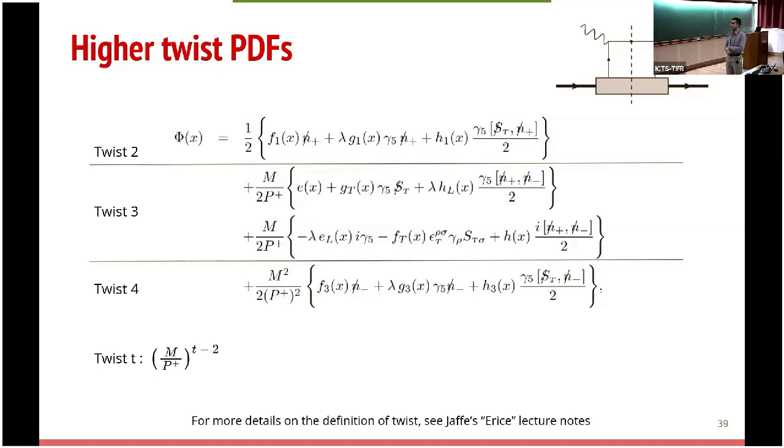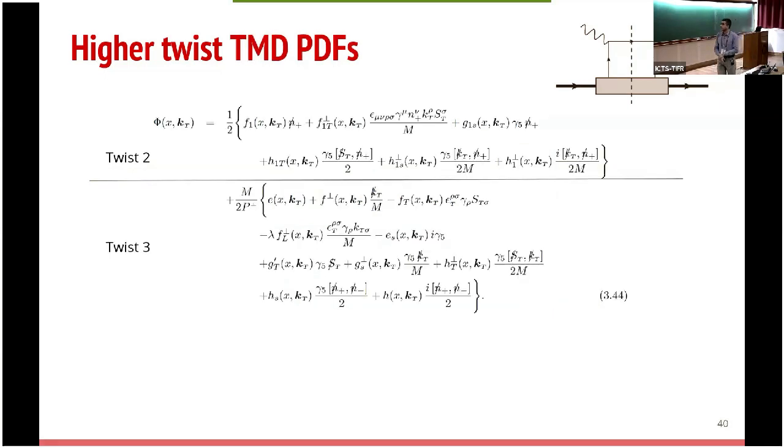You can even have twist 4, but at this point, I didn't see anyone really worrying about these kinds of corrections in an observable. You can, of course, calculate in models these distributions to see if they respect specific sum rules or their behavior, but no one ever took into account this correction in an observable, as far as I know.